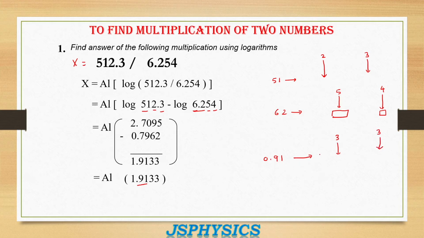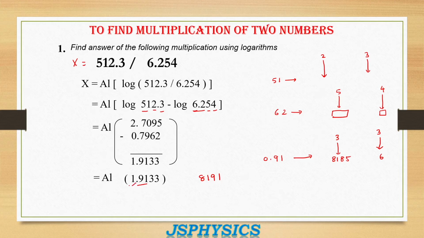The number written here is 8185, and in the mean difference it is 6. So add these two numbers and you'll get 8191.